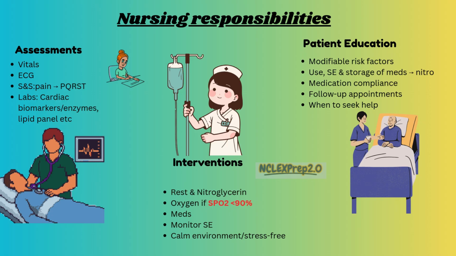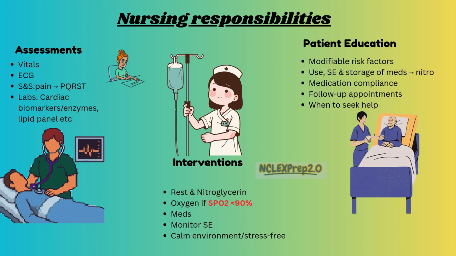Administer all medications as ordered and monitor the effectiveness and side effects. Maintain a calm, stress-free environment for these patients because that also helps with reducing myocardial oxygen demand. Prepare your patient for the cath lab. Get their allergies, witness consent for the procedure.